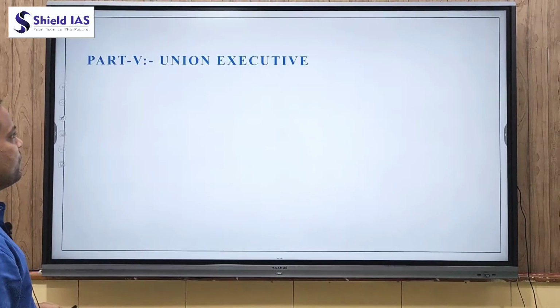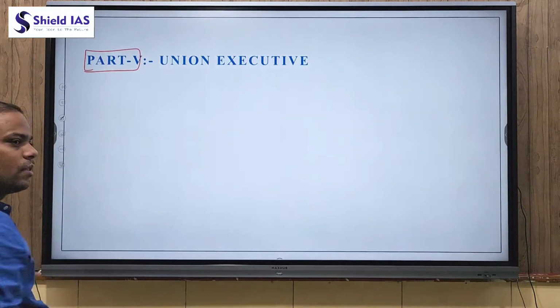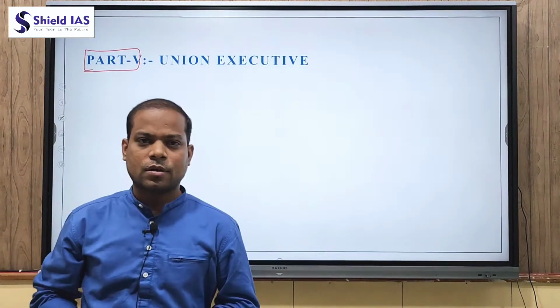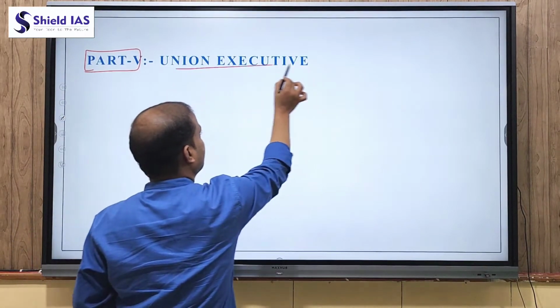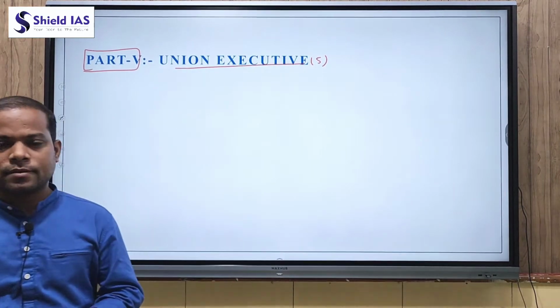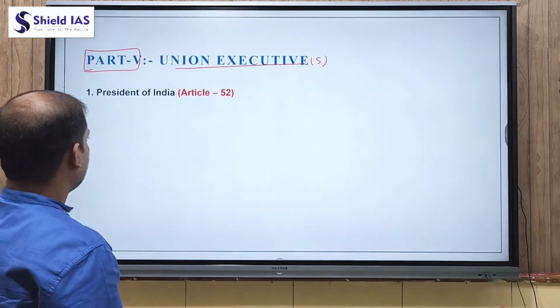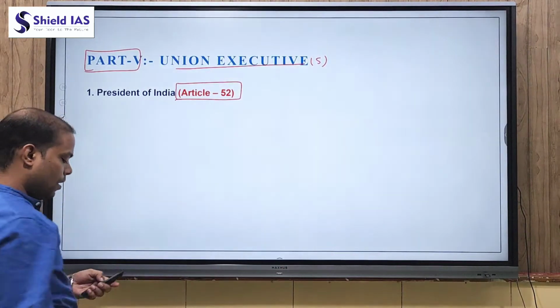Before we start, first we'll see what Part 5 of the Indian Constitution talks about. Part 5 talks about the Union Executive. And this Union Executive consists of 5 members. What are the 5 members? First is President of India, which is dealt with from Article 52 to 63.